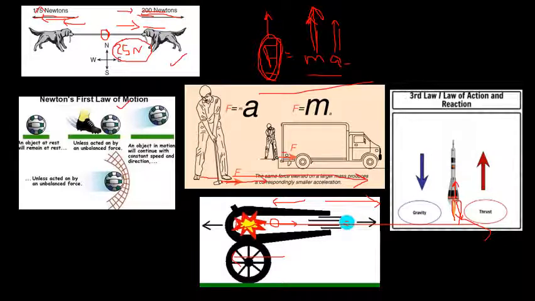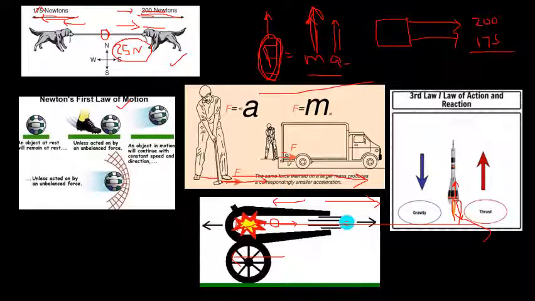If the dogs were going in the same direction, say they were both pulling to the right, and we had maybe a cart over here, and one dog was pulling with 200 and the other dog was pulling with 175, they're kind of helping each other out. Well, then you would add them together. That would be the same as having a really large dog that could pull at 375 newtons. He'd be able to pull about the same amount as these two dogs that are pulling at 200 and 175 newtons.